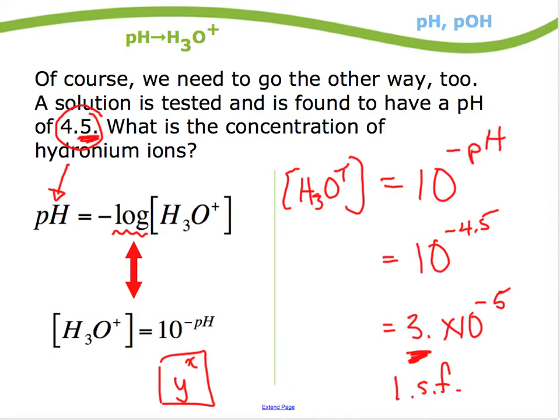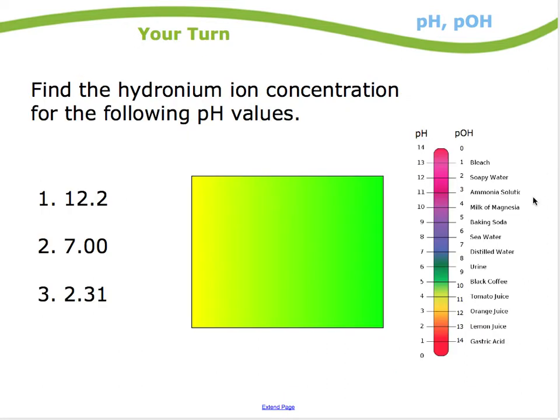Here are some to try it on. Find the hydronium ion concentration if your pH is 12.2 or if it's 7.00. Notice 1 sig fig here, 2 sig figs here, 2 sig figs there. So you may want to pause your recording and try to figure out your hydronium ion concentrations from those. Okay, pause.